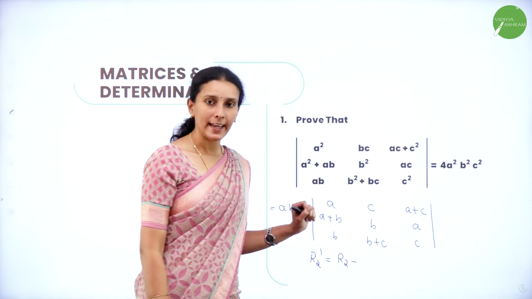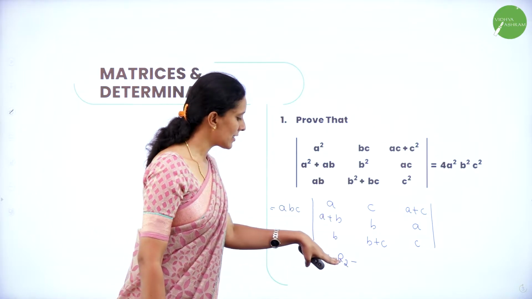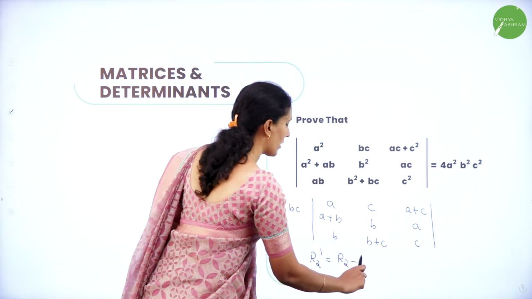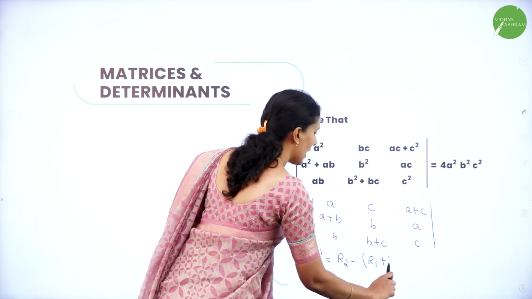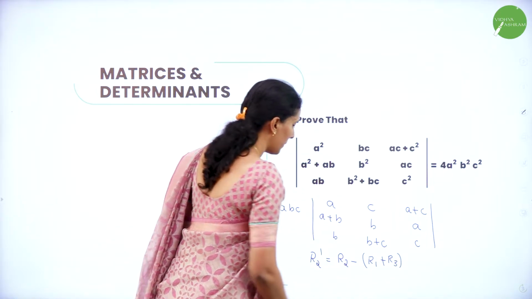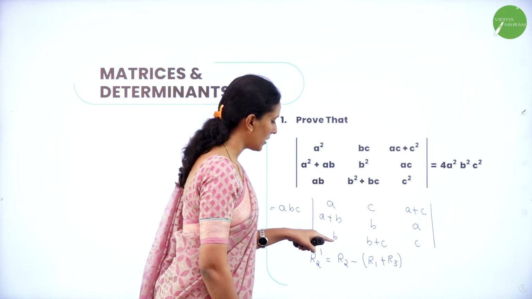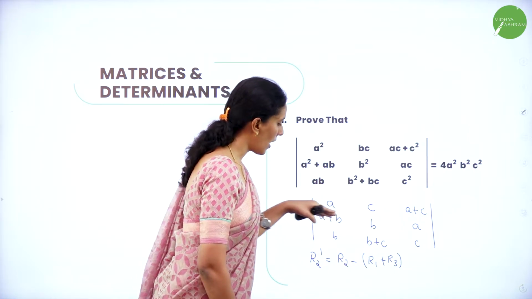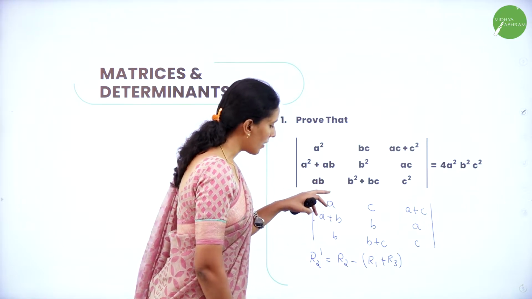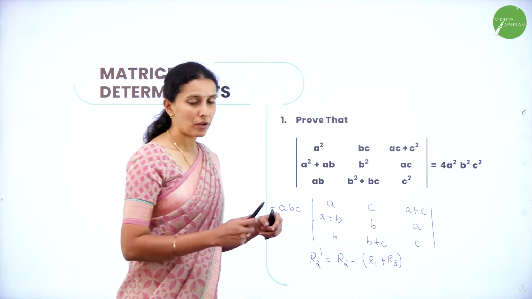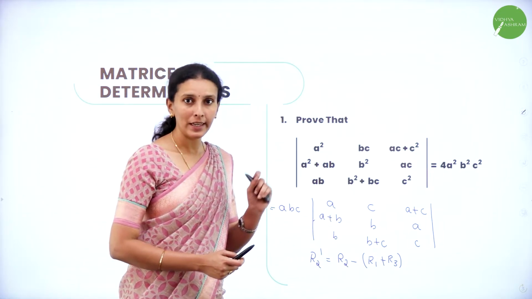Since we have taken a as a common factor, here we are left with b. So I will subtract from R1 plus R3, because you can see a plus b. So the new R2 can be taken as R2 minus (R1 plus R3). So it will be minus a minus b, so it will become completely 0.